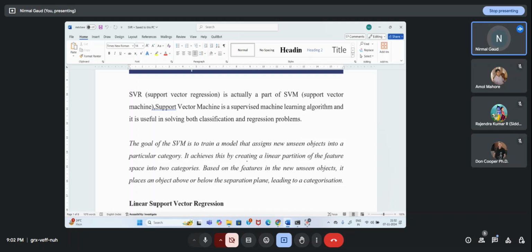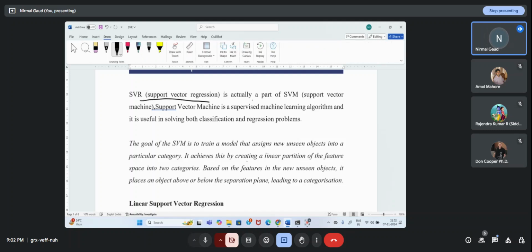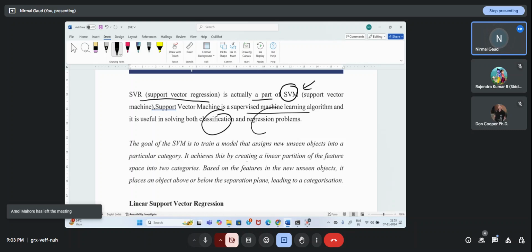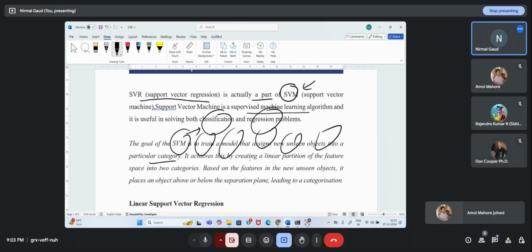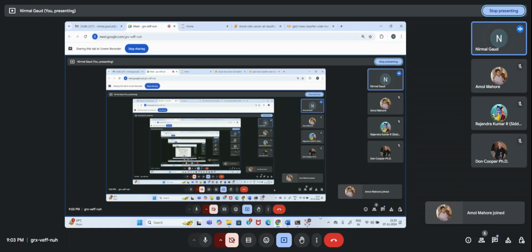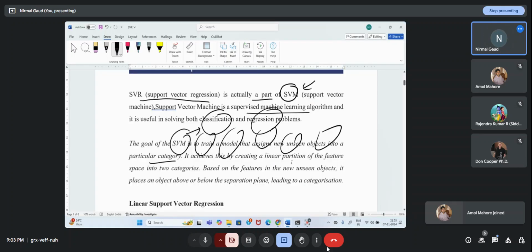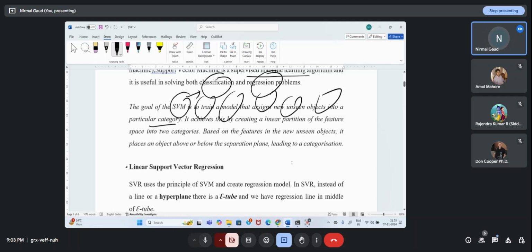Support vector regression is actually a part of SVM, a supervised machine learning algorithm which can perform both classification and regression. Classification we have seen. The goal of the SVM is to train a model that assigns new unseen objects into a particular category. We want to train our model and then perform the prediction using this model.